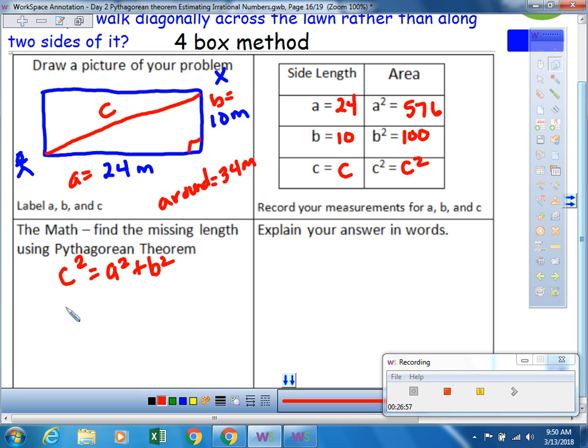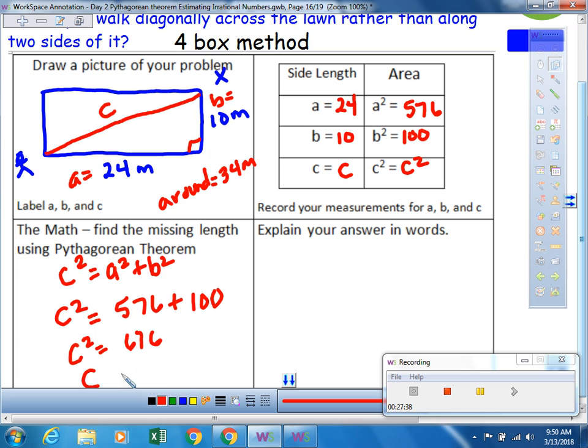So now we're just going to put C squared equals, and then A squared was 576 plus B squared was 100. So C squared equals 676. So I know it's bigger than 24 because remember, C is your longest side, so it's your largest number. So the square root of 676 is 26.